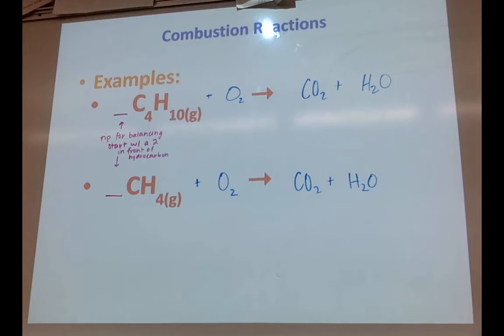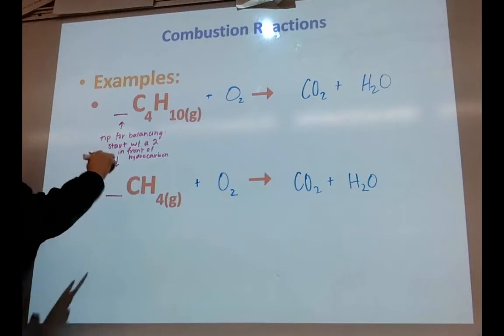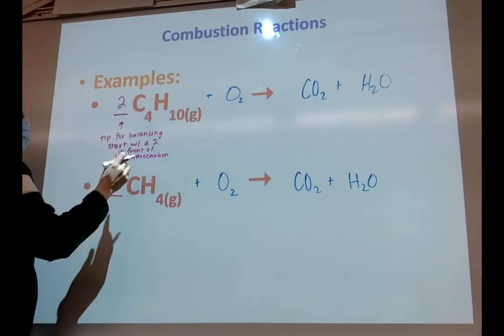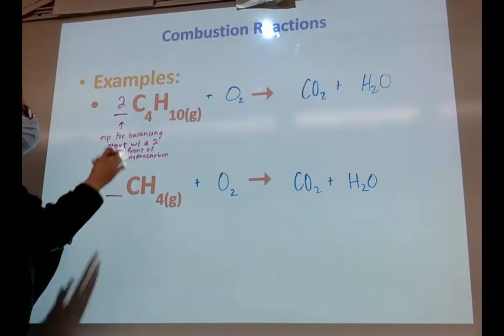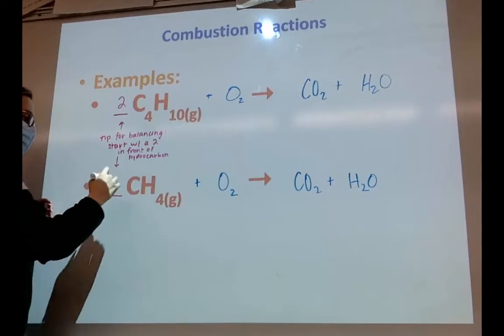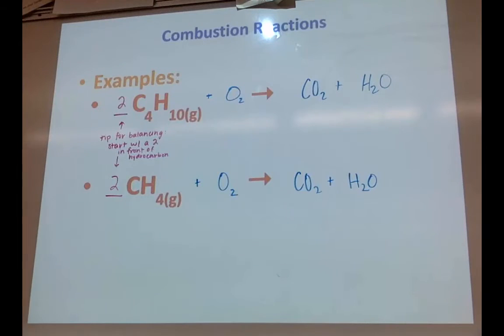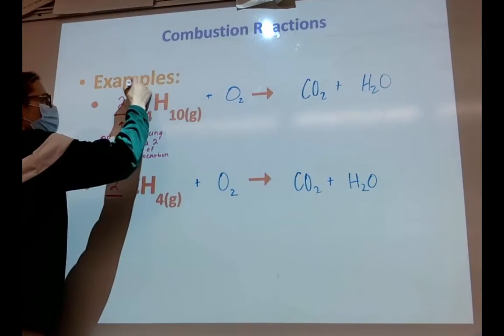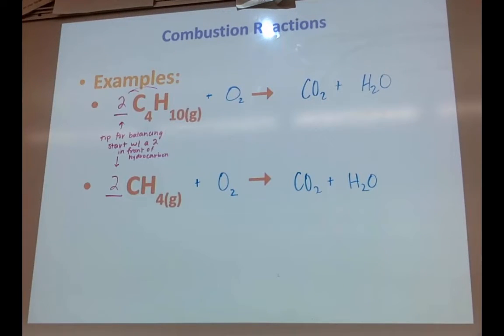That's these. To make your life easier, as soon as you realize that this is combustion, start by putting a 2 in front and then balance. You balance C, then H, then O. So remember the 2 goes to both things.